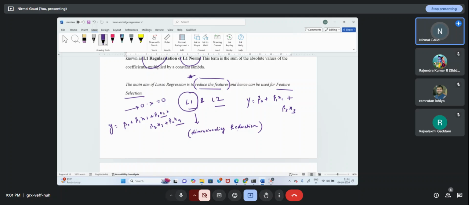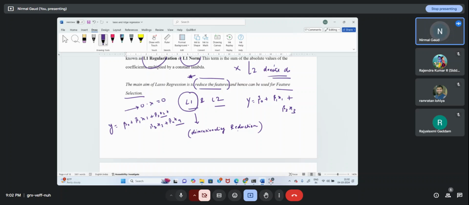Remember, you may be asked which technique is a feature selection technique. So L1 is feature selection. L2 doesn't do that. L2 doesn't reduce features. L2 is not feature selection. L2 reduces the impact of features, but it never removes the feature.